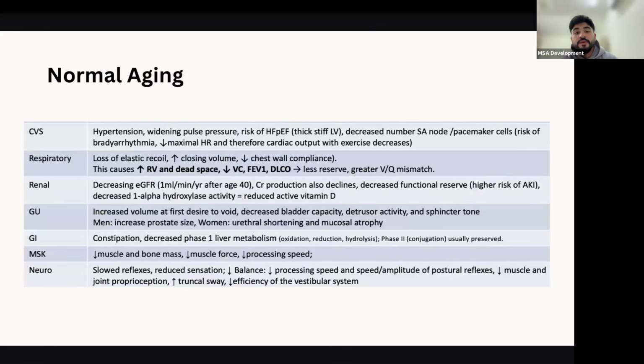Neuro-wise, you need to remember that their reflexes are going to get slower. That's number one. They're going to have reduced sensation, which may or may not trigger depression in them. They're going to lose balance a bit. Their speed of processing things is going to decrease as well. And that comes to motion and cognition, both. Okay, so this is what I really want you guys to take away from this slide.